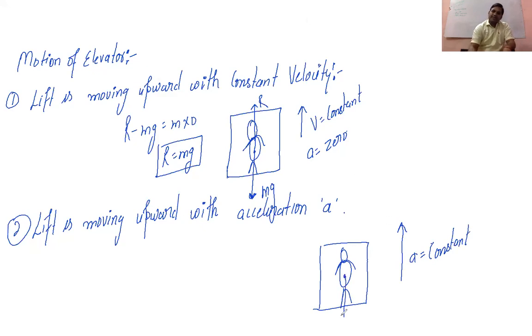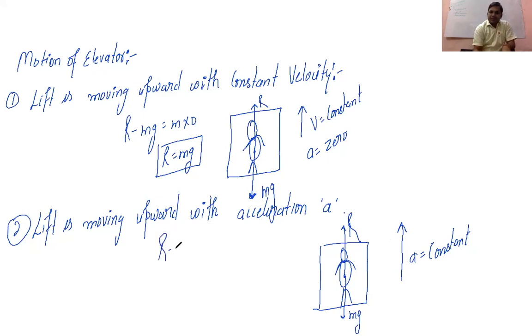You can see here that mg is going downward, along with the reaction force. I told you that the force in the direction of acceleration will be taken as positive, and the force in the opposite direction of acceleration will be taken as negative.